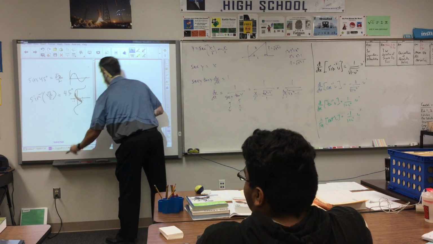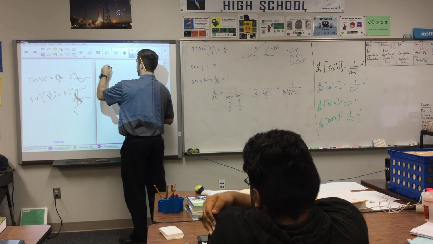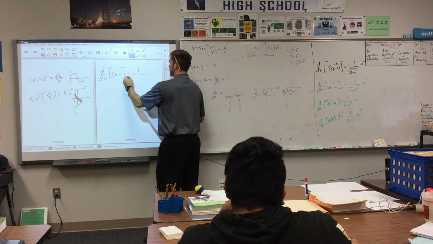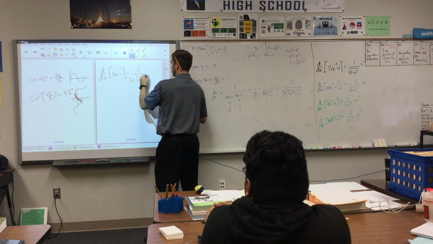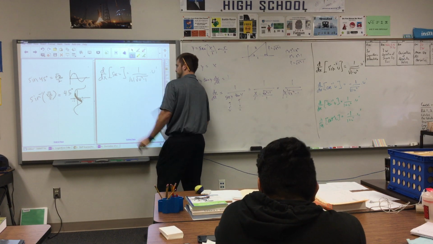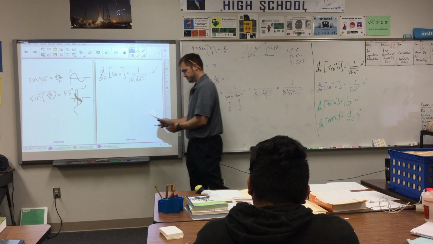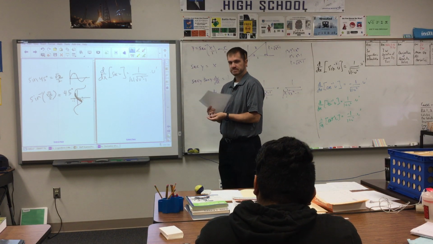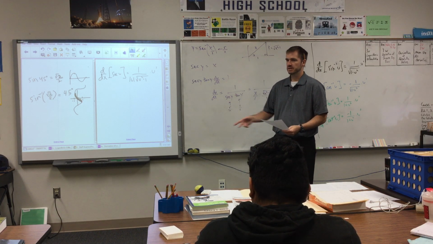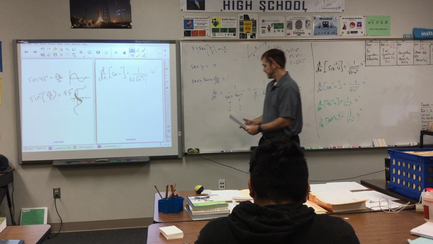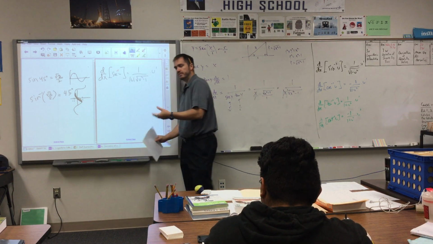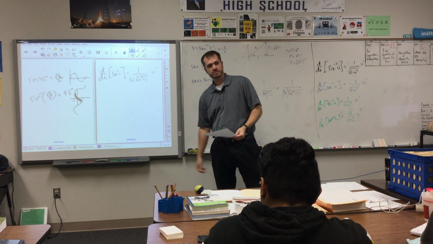So our last option here, the derivative with respect to x of inverse secant of u is 1 over the absolute value of u times the square root of u squared minus 1 times u prime. The derivative of inverse cosecant is just the negative of that.